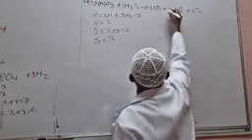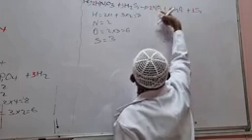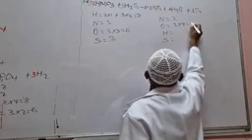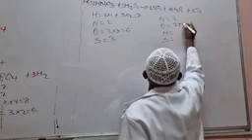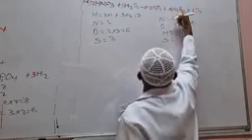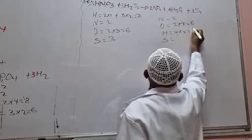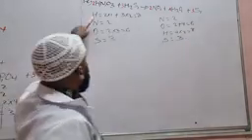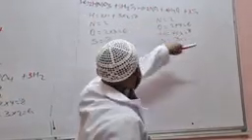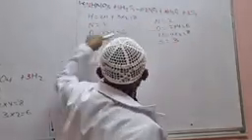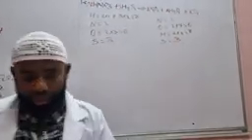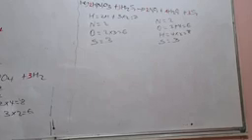Nitrogen: 2 times 1, 2. Oxygen: 2 plus 4, is equal to 6. Hydrogen: 4 times 2, 8. Sulfur is equal to 3 times 1, that is 3. Now hydrogen 8, hydrogen 8. Nitrogen 2, nitrogen 2. Oxygen 6, oxygen 6. Sulfur 3, sulfur 3. The equation is balanced.